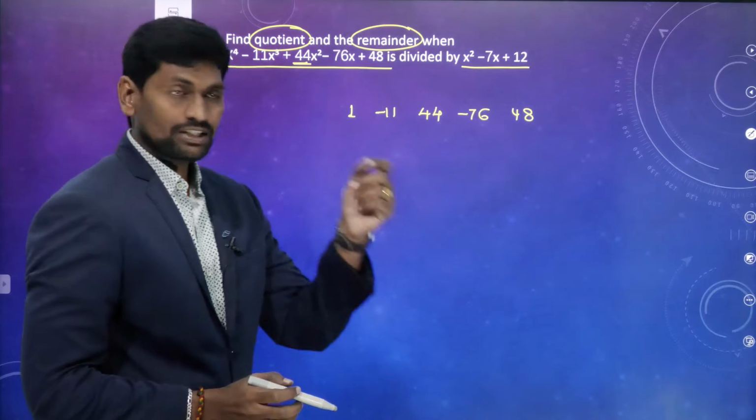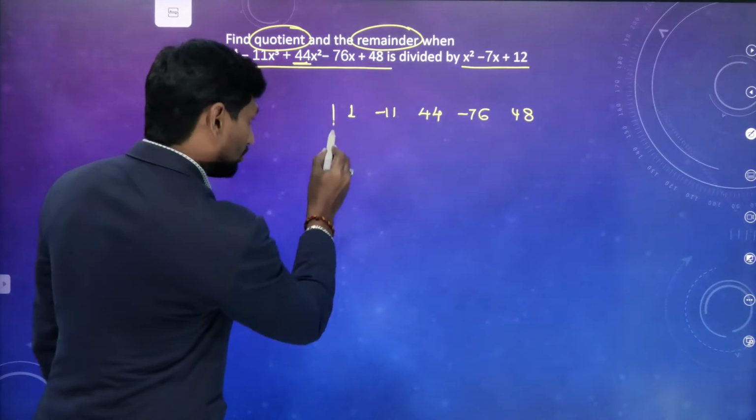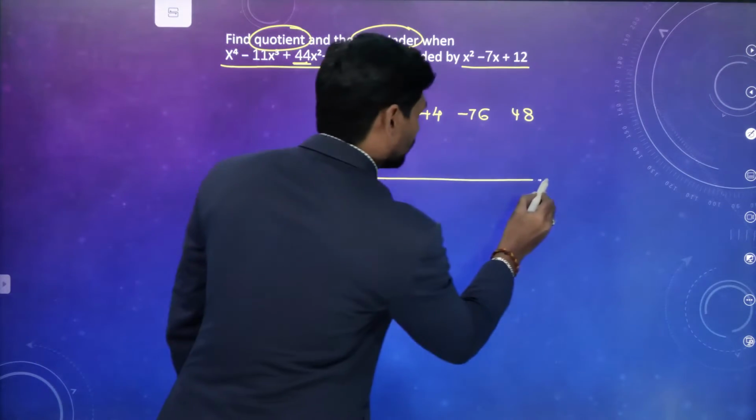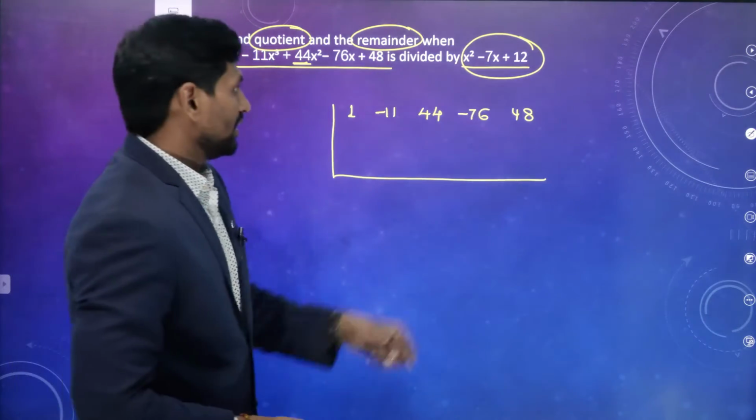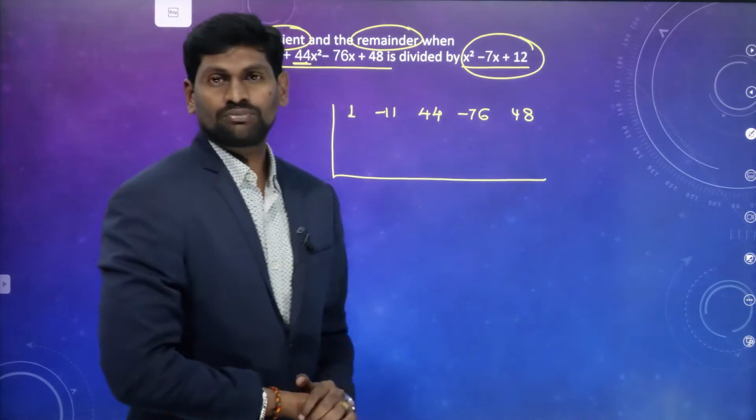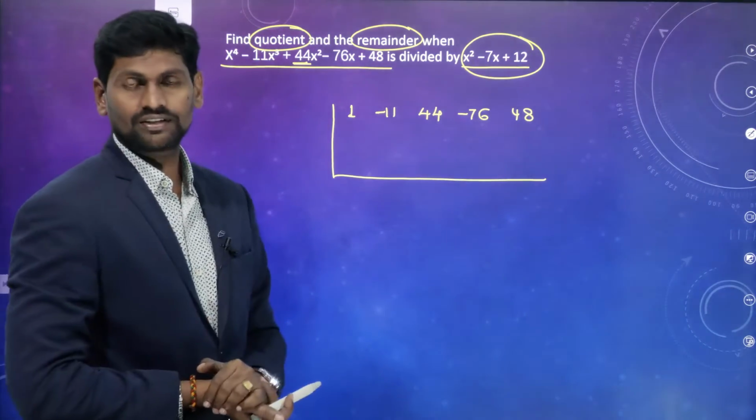Okay. While this biquadratic polynomial is divided by a quadratic polynomial, let us identify the quadratic polynomial. Here the x term and constant term we are taking as divisors.